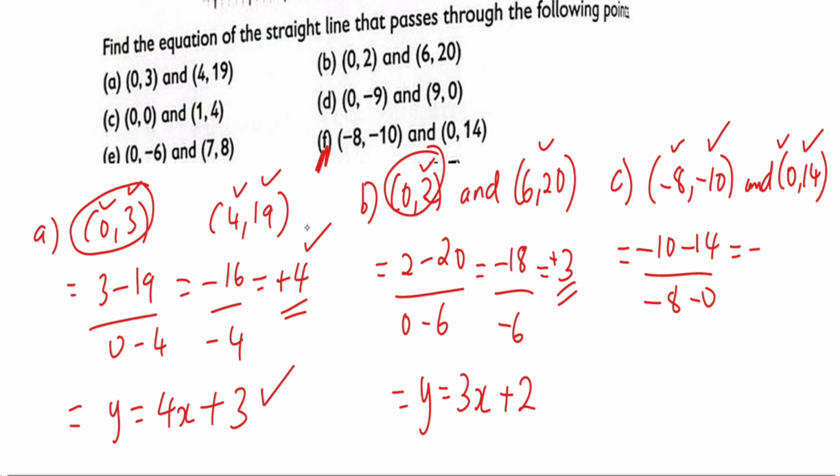So this one gives you minus 24. This one is minus 8, and therefore this one gives you positive 3 again. I don't know why, but whichever the case, I think it is still correct. Now our y-intercept is this one. So let's write the equation down.